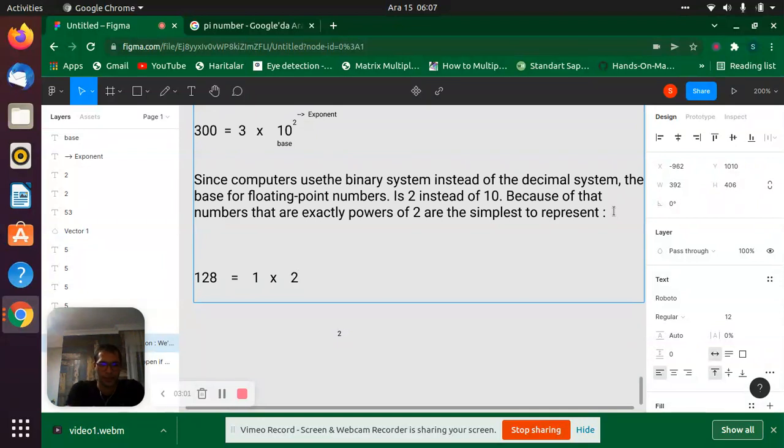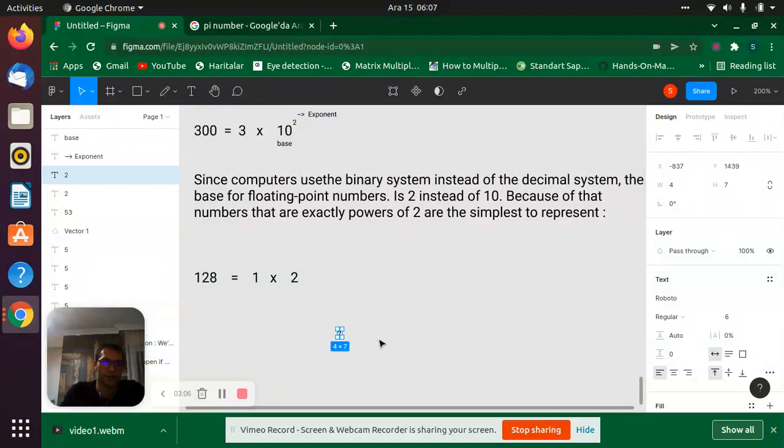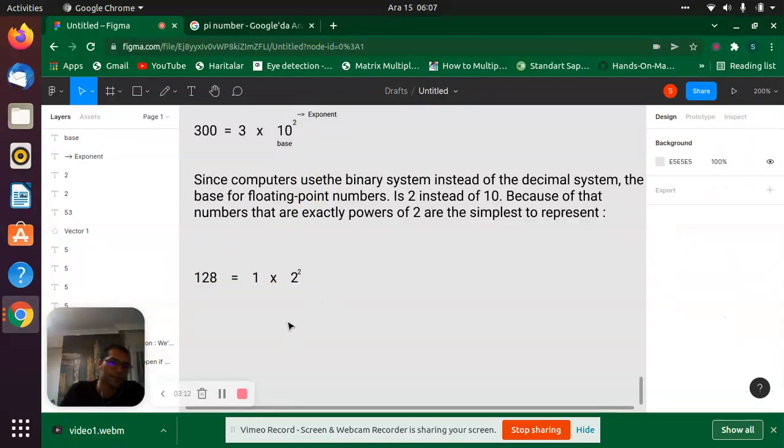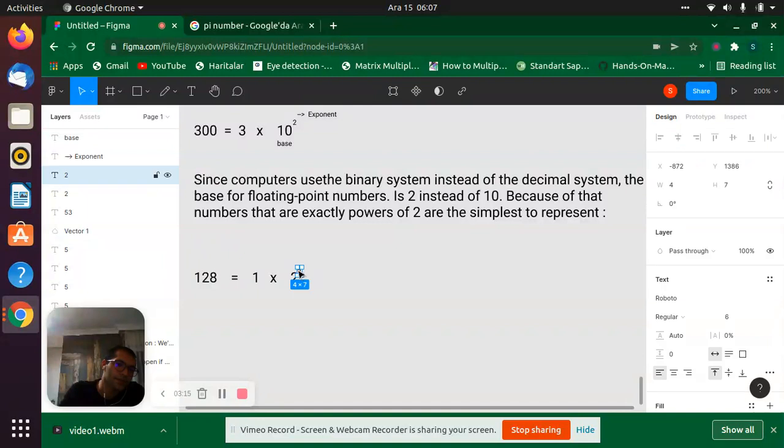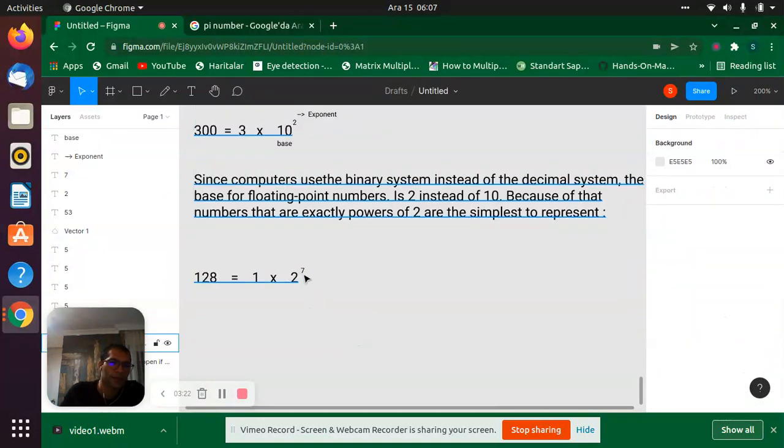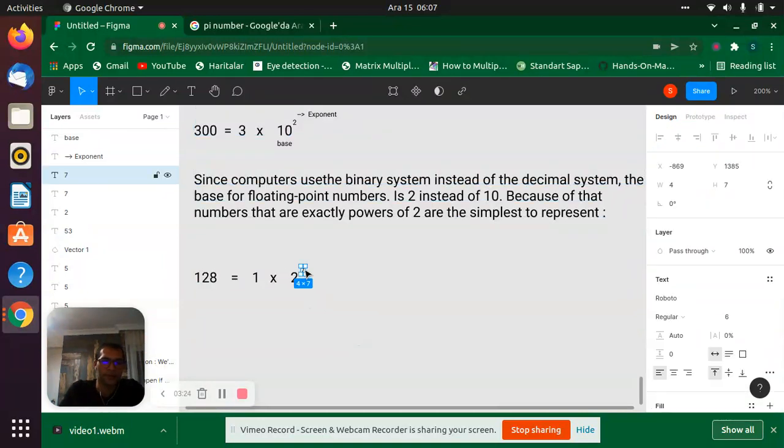Let's do it 7. Okay, we know what it is, right? Already 128, we are just going to multiply with 1 again to explain the situation.